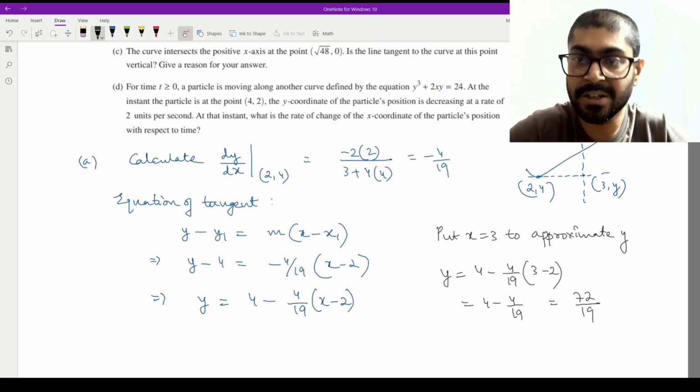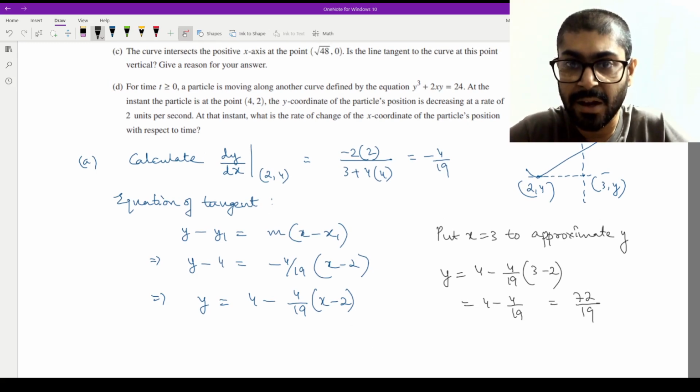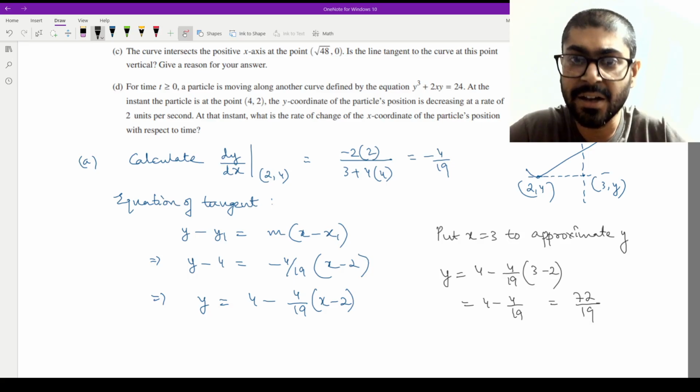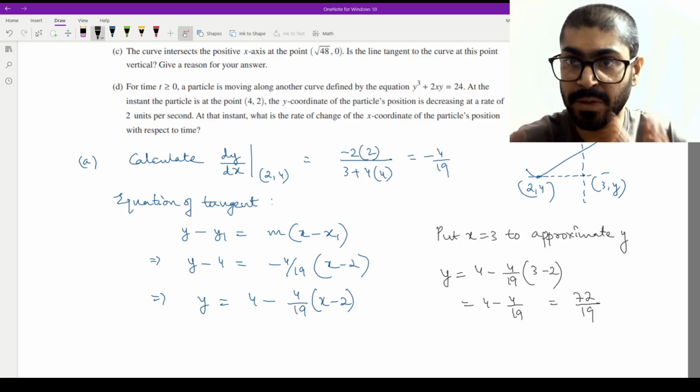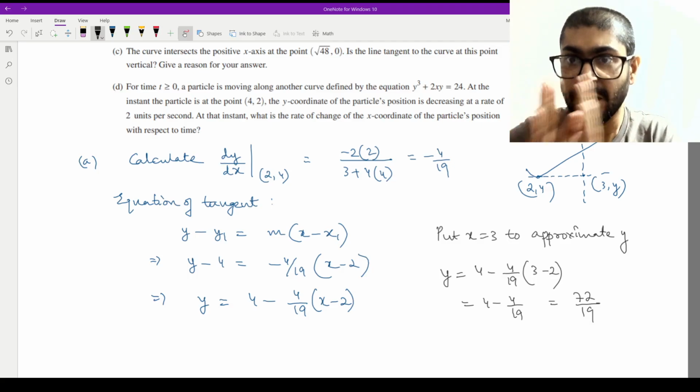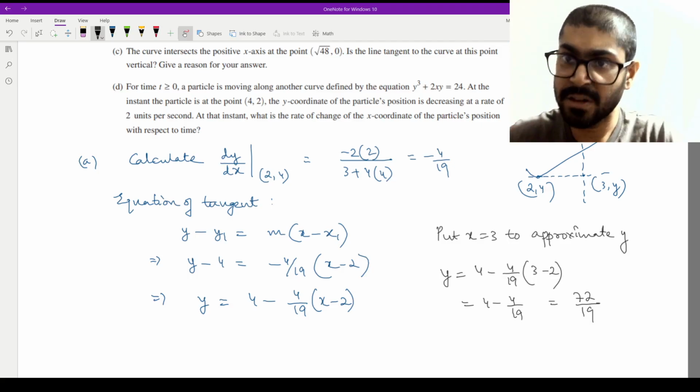Now the equation of the tangent was not necessary to be calculated, but without calculating the equation of the tangent, if you could put the value of x directly, that would have also fetched you the full marks. Okay, so the portion that I've written in black, if you did only that portion, you would have gotten the full marks.